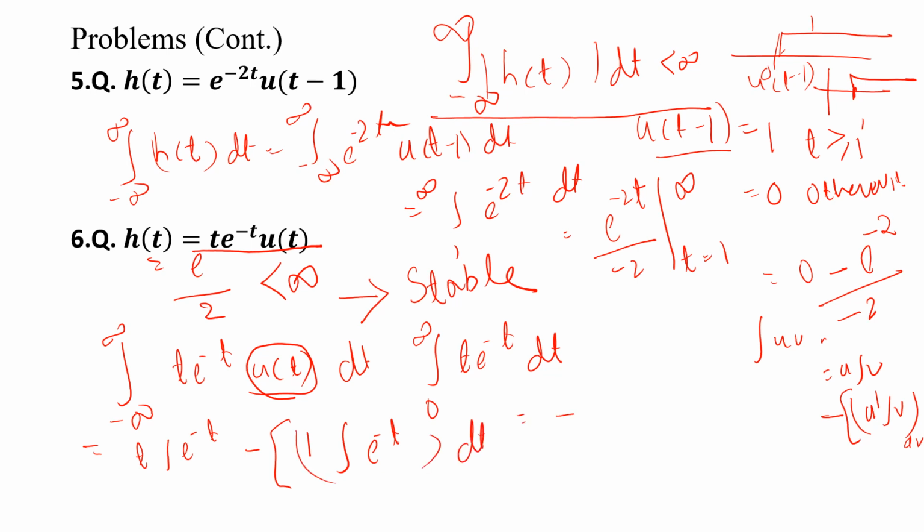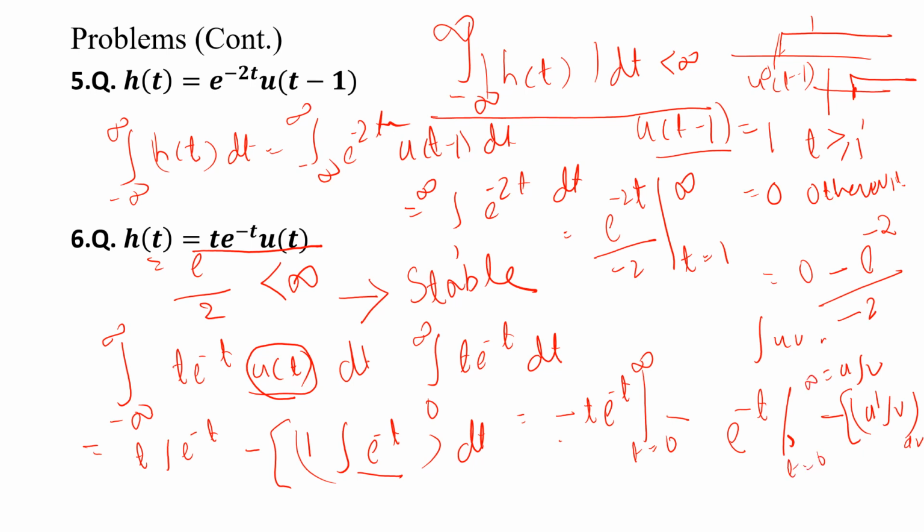So it is minus t e to the minus t, because the integration of e to the minus t is e to the minus t by minus 1, from t equal to 0 to infinity, minus, and minus minus is plus, so I am getting minus e to the minus t, from t equal to 0 to infinity.